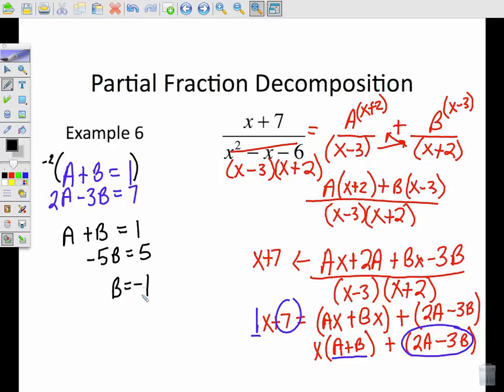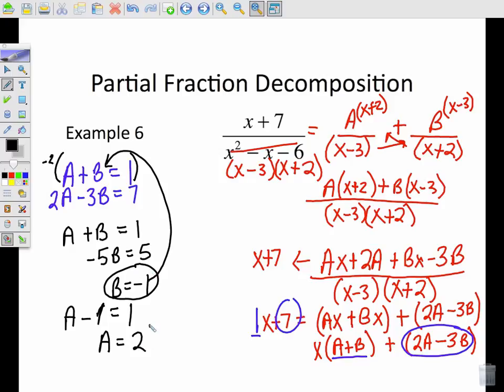We know that b is equal to negative 1, and if a minus 1 equals 1, then a is equal to 2. That's the back substitution. So I put this negative 1 back in here. And what I've just done is I have found my a and my b values. B is negative 1, and a is 2.